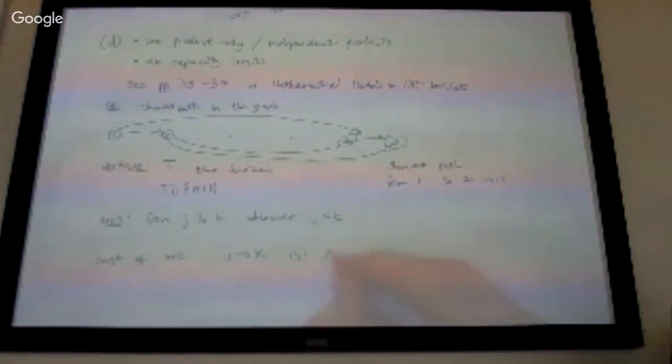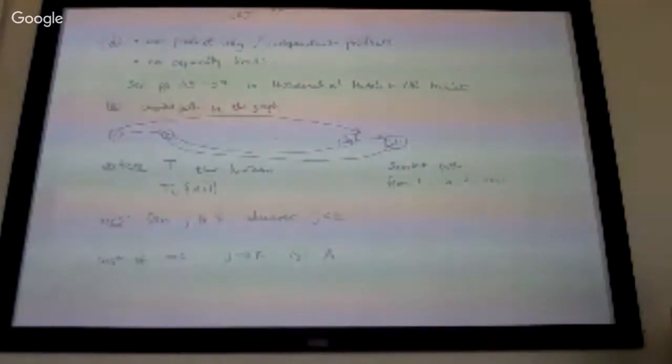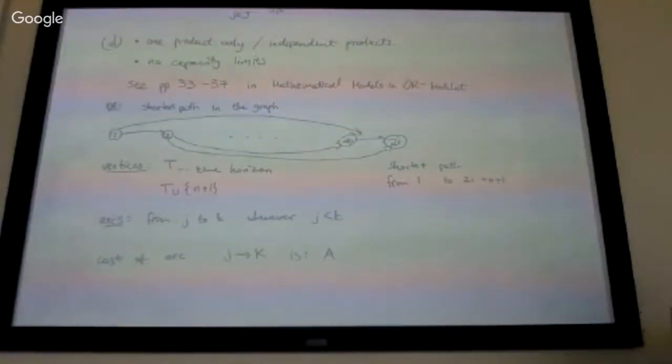well, A, which is the setup cost, because it means we're producing in period J. Okay, I should probably use different letters because I was using J for the product type, and now I'm using it for a period. I apologize, but it just so happened. So you have to do the setup in period J, and then you need to keep the magnet.